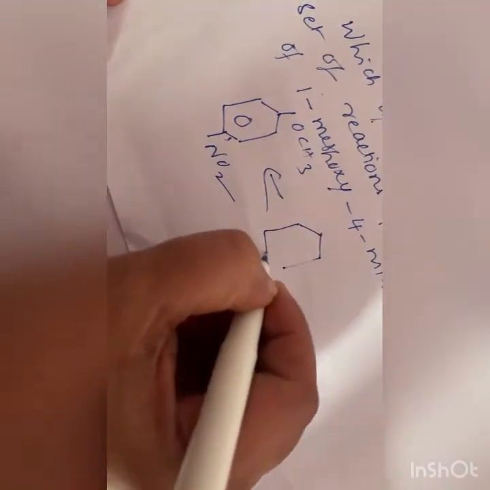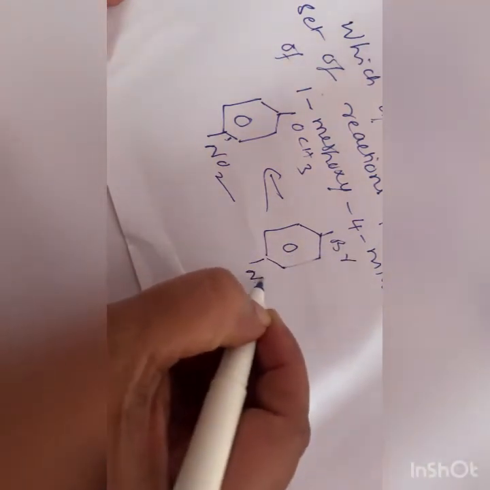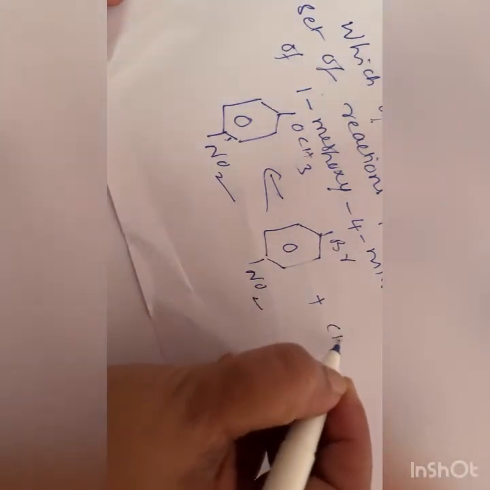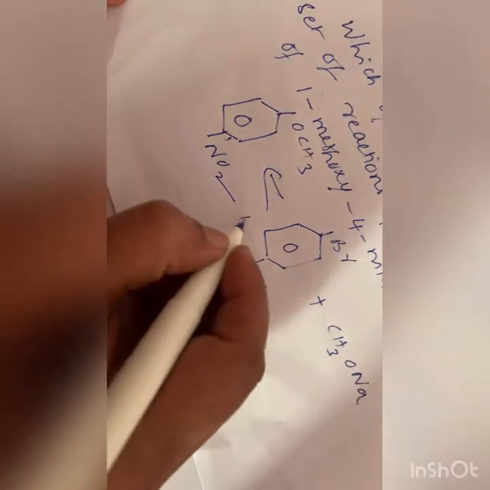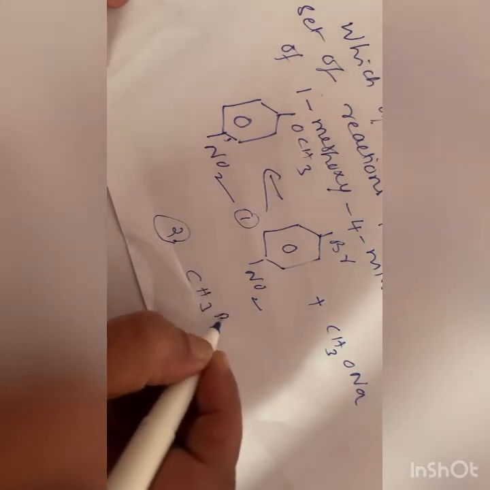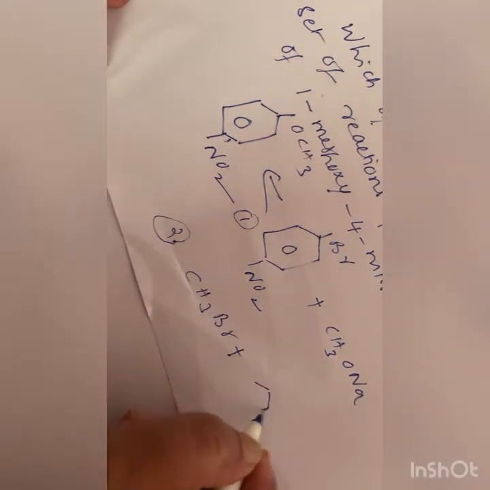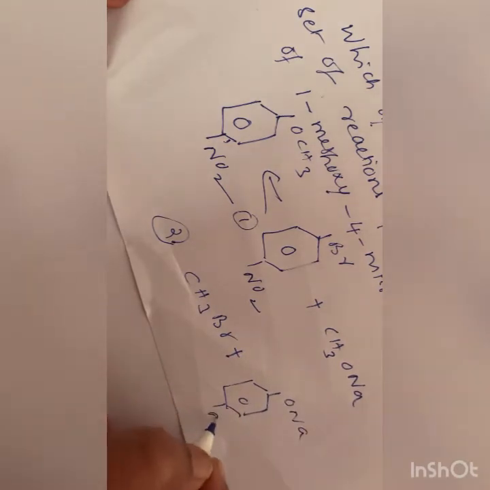They have given two sets. First they have given bromo-nitrobenzene, Br and NO2, plus CH3ONa. This is the first set. The second set is CH3Br plus the ONa compound with NO2.